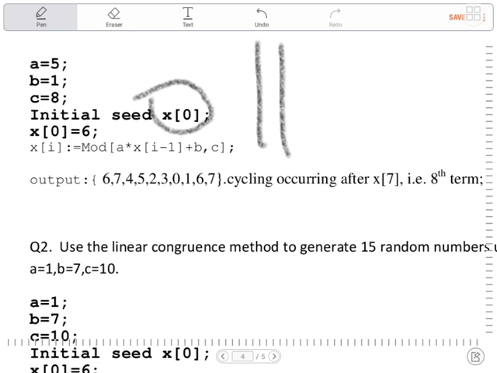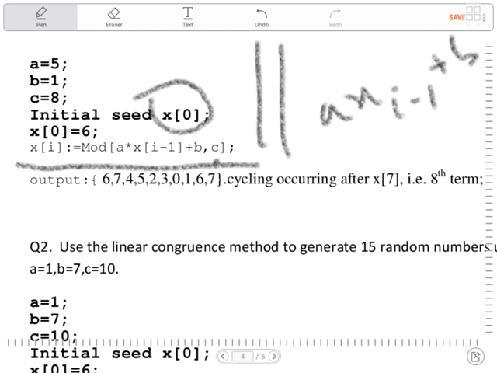It may vary, it doesn't matter. So x i, that means I am using the recurrence formula here, is a times x i minus 1 plus b, mod c. This is written like this.